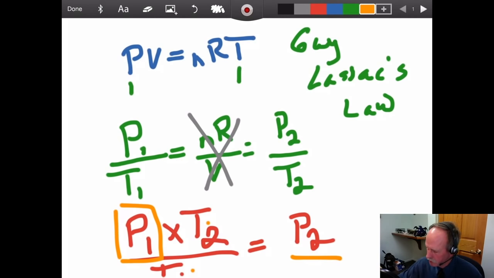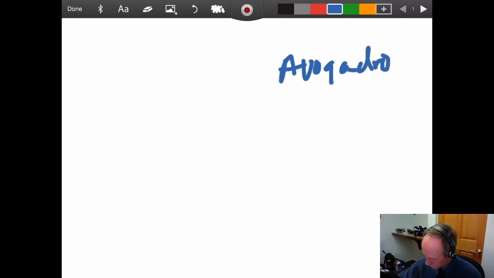Okay, so let's go ahead and do one more here. This is Avogadro's law. Since Avogadro's number has to do with the number of moles, we're going to have to assume that the number of moles might be involved here, right?